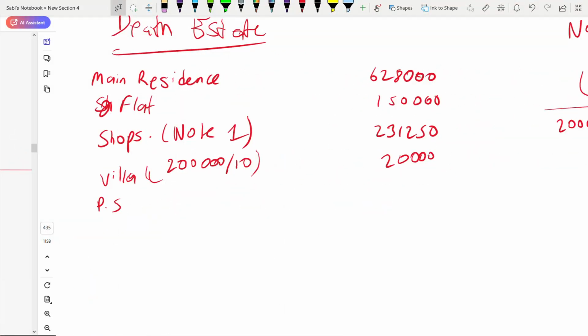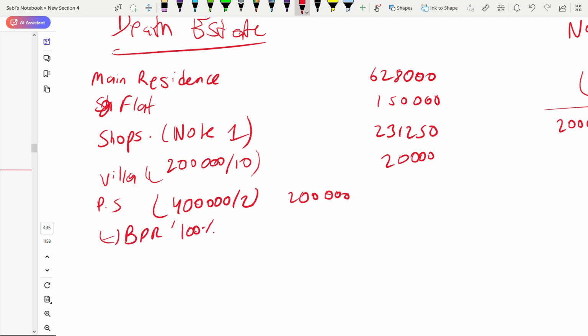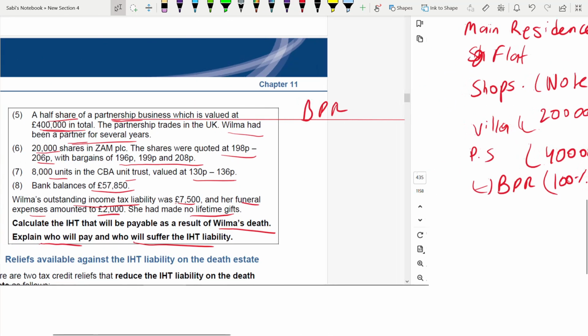So that's why we'll keep partnership share 400,000 divide by 2 inside the column, because we have to deduct BPR 100%. Okay, BPR 100%, so 200,000 will deduct inside. Rest all main residence, flat, house, villa do not qualify for BPR. 0. Now, so this also we finished.